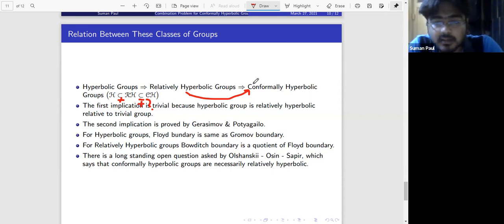That's why I said there are few examples of conformally hyperbolic groups. We know that every relatively hyperbolic group which is not isomorphic to a cyclic group is conformally hyperbolic. But is there an example of a conformally hyperbolic group which is not relatively hyperbolic? It is not known. Okay, that's it.